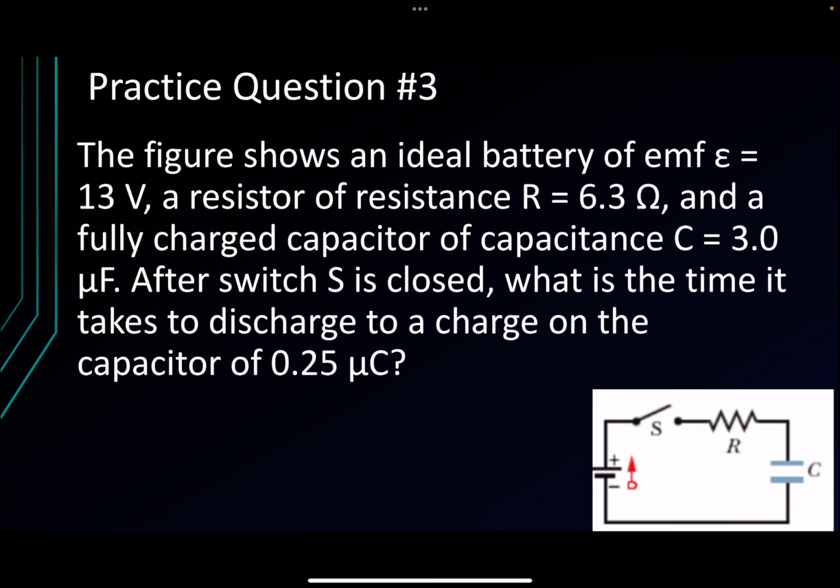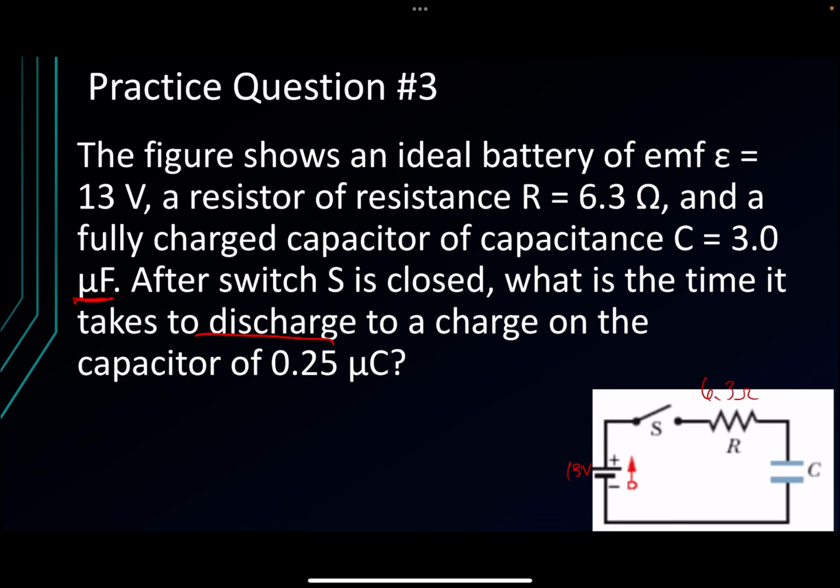Okay, I believe this is our, maybe we have one more, but here's another practice question as well. This one we are going to discharge. So the figure shows an ideal battery with an EMF of 13 volts, a resistance of 6.3 ohms, and a fully charged capacitor with a capacitance of 3 times 10 to the -6 farads.